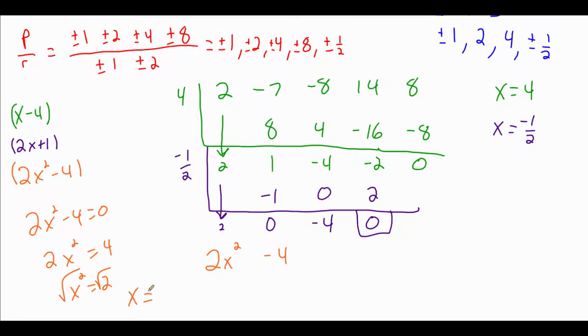So I get x equals, now on the right hand side, when I square root that 2, I have to remember to put the plus and the minus in front of it. And 2 is not nicely square rootable, so I'm just going to leave it as the square root of 2. So my last zeros are at x equals positive square root of 2, and also at x equals negative square root of 2.